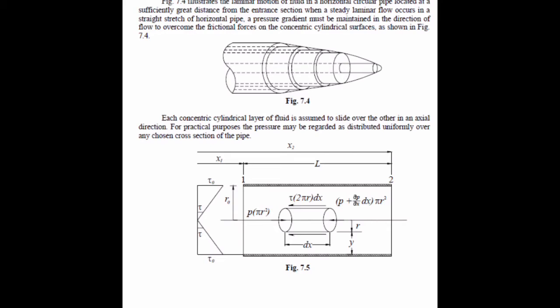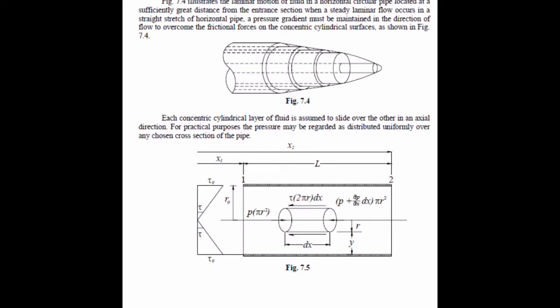Okay. In figure 7.4 you can see the laminar motion of fluid in a horizontal circular pipe which is located at a sufficiently great distance from the entrance section, when a steady laminar flow occurs in a straight stretch of horizontal pipe.